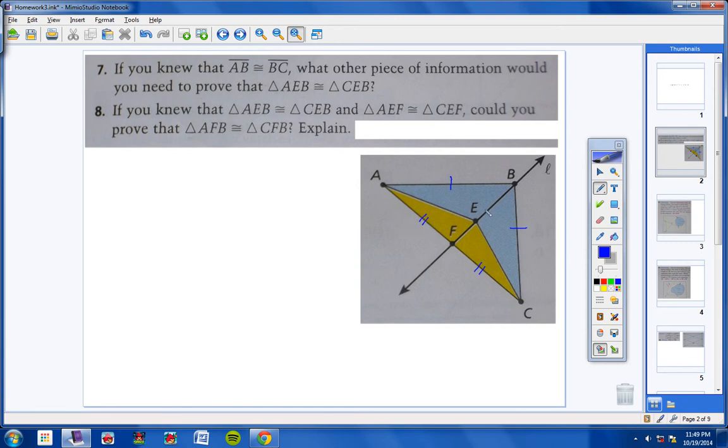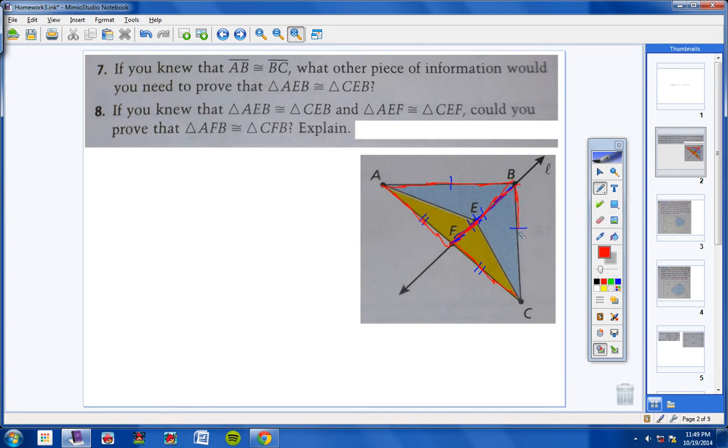So really, all that we need to know is that this segment here, BF, is congruent to BF, and we know that's true. So we can definitely state that this big triangle over here is congruent to this big triangle over here because of side, side, side.